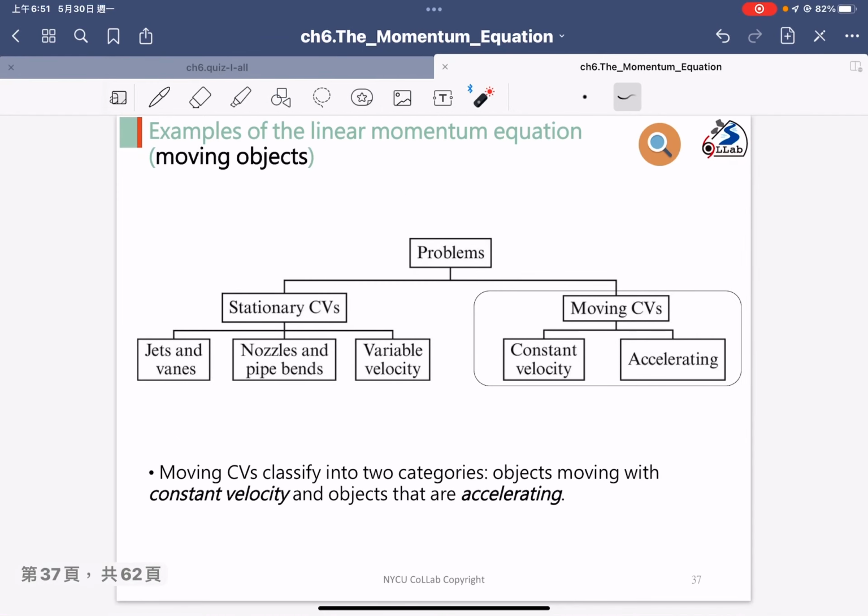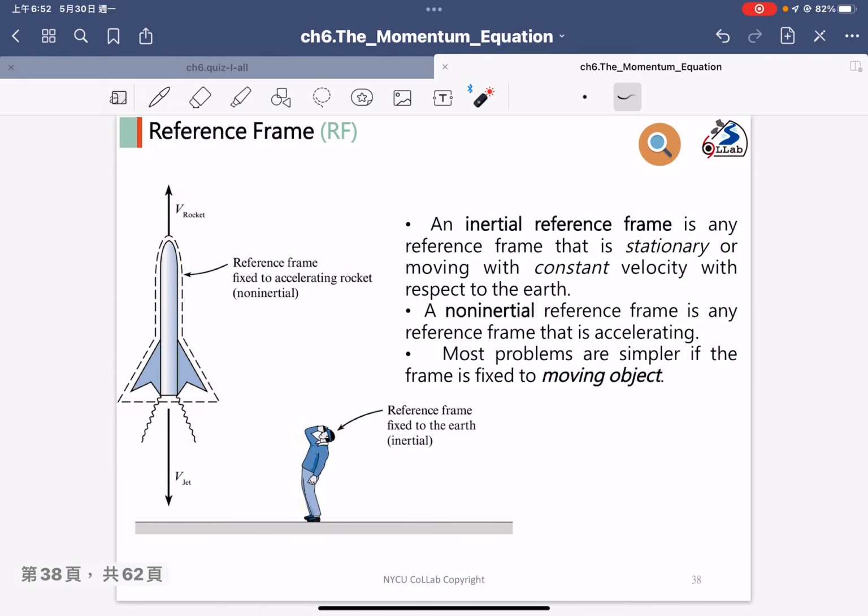So the following class, we need to move to the problem with moving CVs, and actually we have two conditions for the moving CV. One is the constant velocity, and another is accelerating. Okay, so how different they are depends on how we choose the reference frame, because the control volume is moving, so we need to pick a reference frame and then we can discuss the problem.